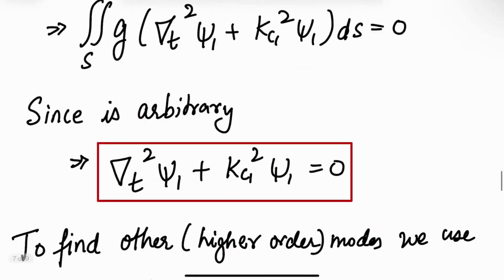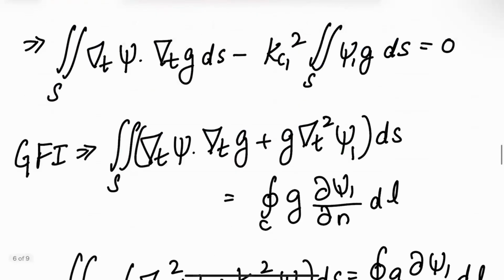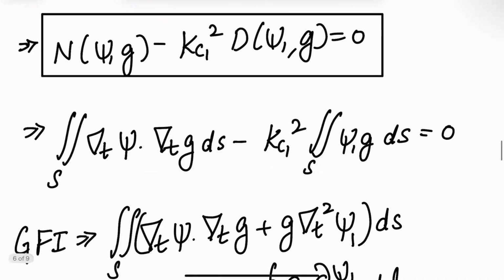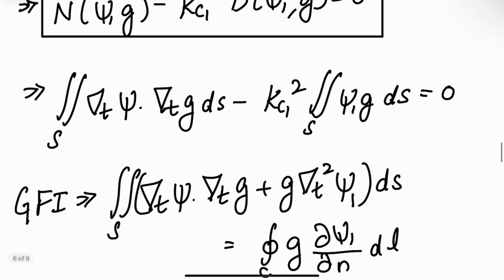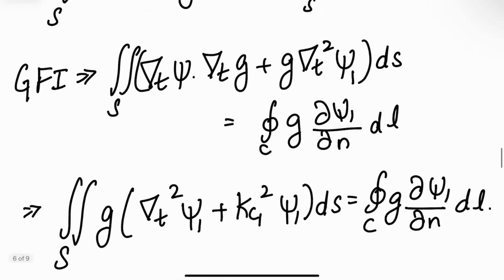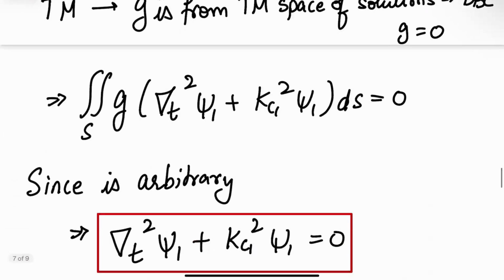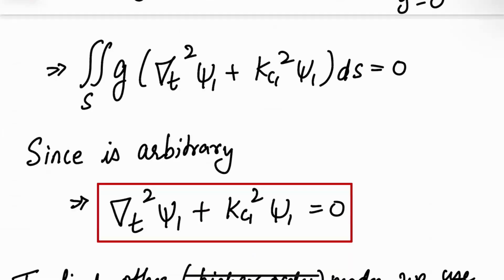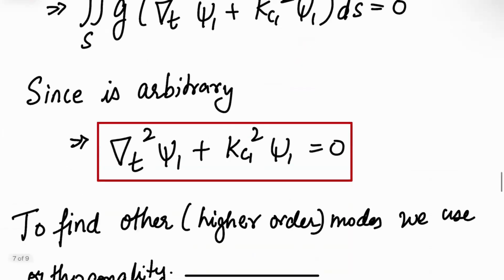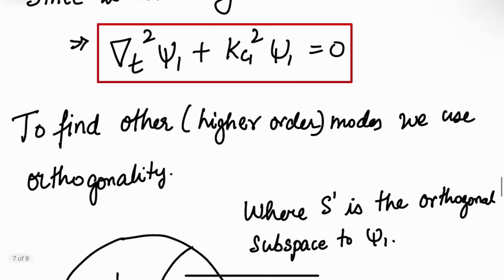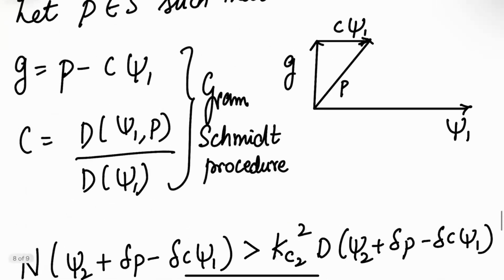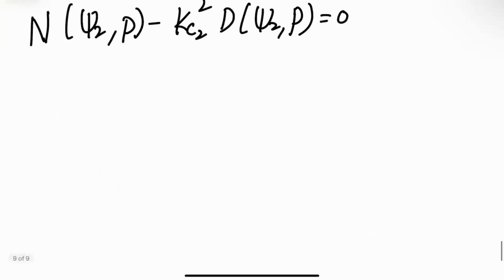We go back, exactly what we had here. And then from that, we just expanded N and D. We used the Green's first identity, set the right-hand side to 0. And then we said that from that, you get this equation. And then from this equation, because G is arbitrary, you can show that it satisfies the wave equation. Go through the same process again, because this is exactly the same thing.